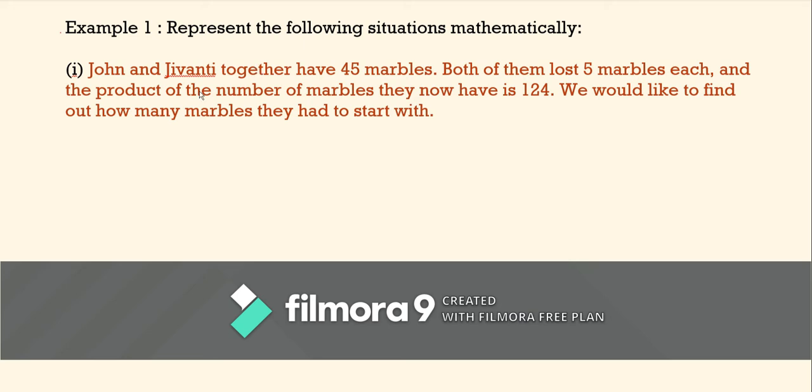John and Jivanti together have 45 marbles. Both of them lost 5 marbles each, and the product of the number of marbles they now have is 124. We would like to find out how many marbles they had to start with. So this is the problem, and we have to represent it mathematically.